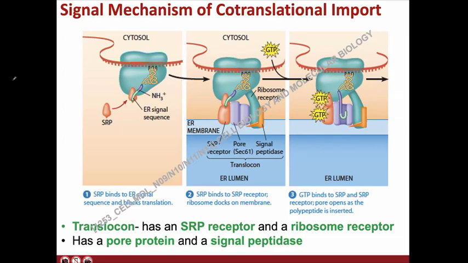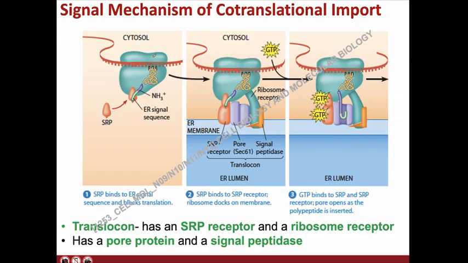Our process here begins when the mRNA encoding a polypeptide destined for your ER starts to be translated on your free ribosome. This big turquoise green thing is our ribosome. Okay, so think of it as the ribosome.